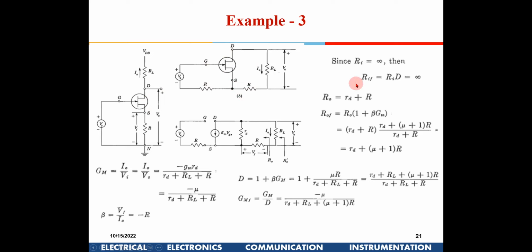Now you make a gain equation. Normally it is VGS, and there is one R also available here. You calculate what is beta in this case.